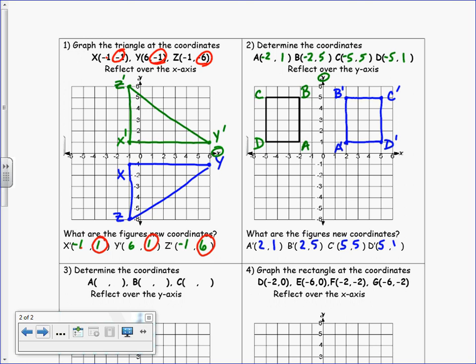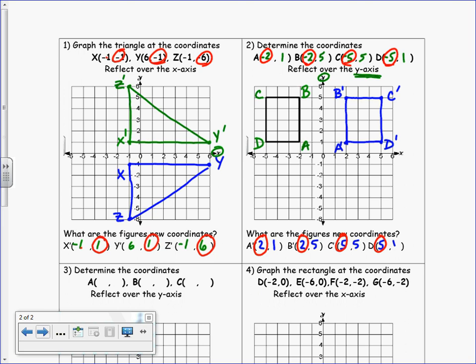So if I look at that, when I reflect over the y-axis, my x value changes from negative to positive. It turned to the opposite. My x value for B went from negative to positive. My y value stayed the same. My C went from negative to positive, and my D went from negative to positive as well.